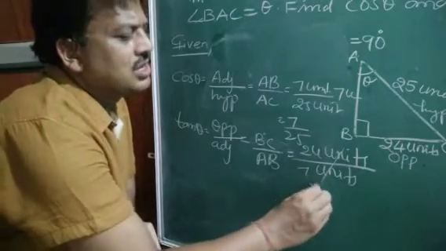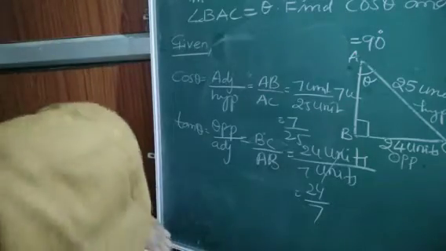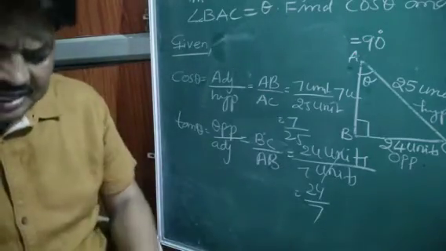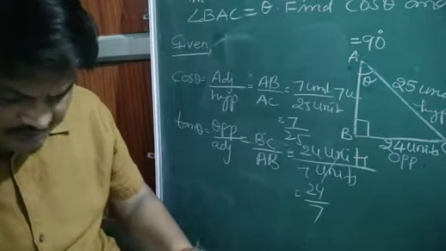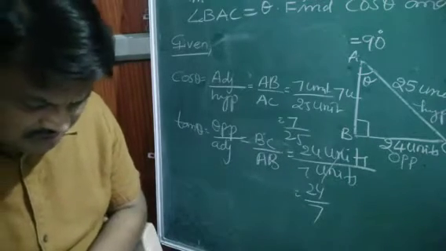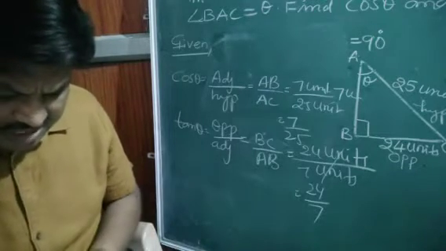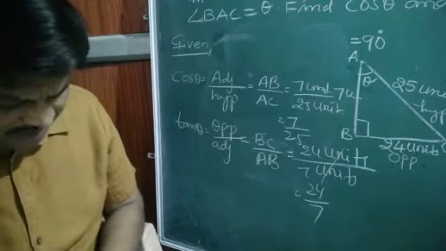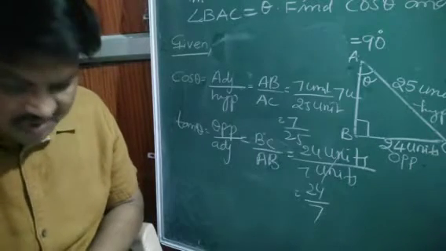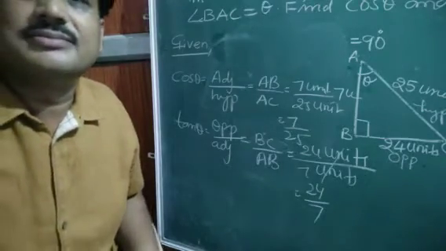Units cancel. So 24 upon 7, children. So this question is completed. This was question number 3. One answer is 7 upon 25, second is 24 upon 7. Yes, children, we got the correct answer.